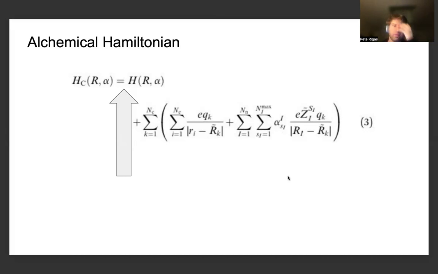In the paper that we have been mentioning and discussing and framing into perspective with quantum computing, the authors define an alchemical Hamiltonian, which is given by the two parameters r and alpha, where alpha is some constant and r is the atomic positions of the different atoms in the compound, which is given in terms of H(r, alpha) plus other terms in the Hamiltonian.